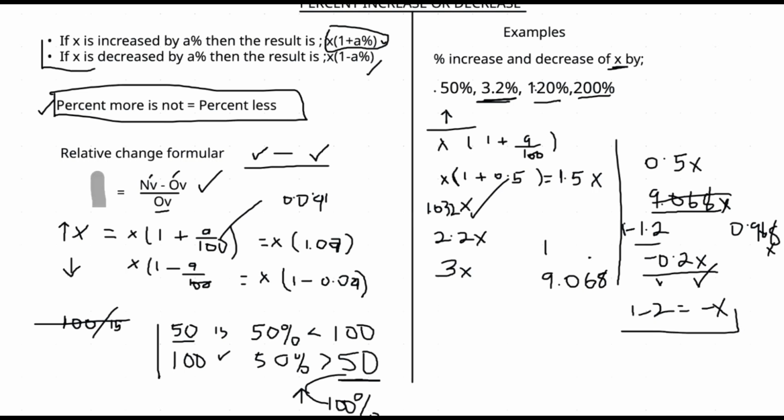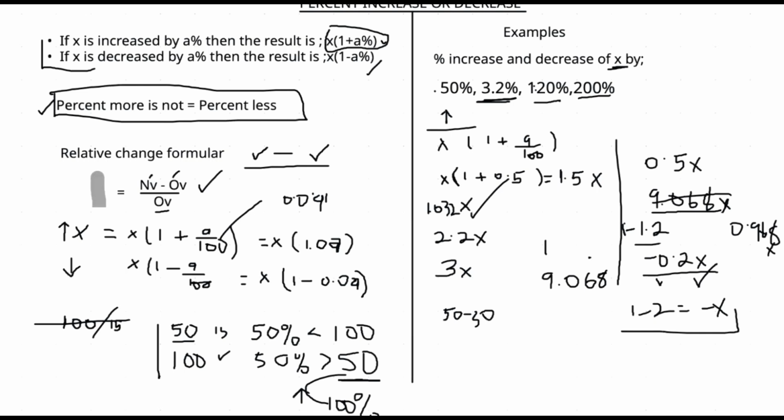Now let's say you are asked to find the relative change, and 50 was decreased to 30. From 50 to 30, you've been asked to find the relative change.